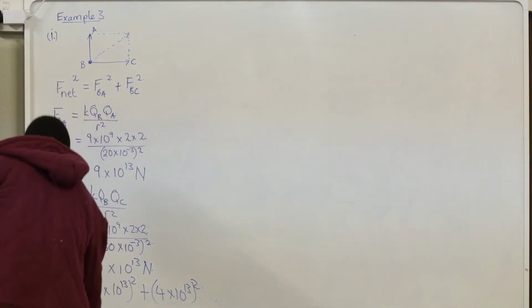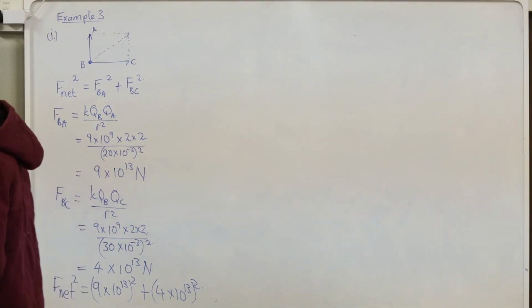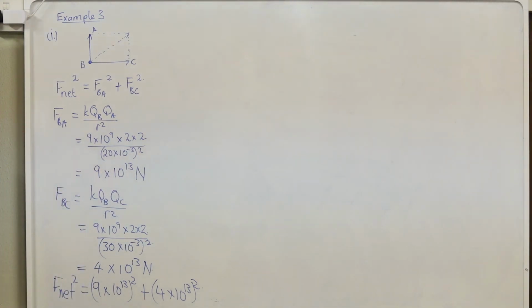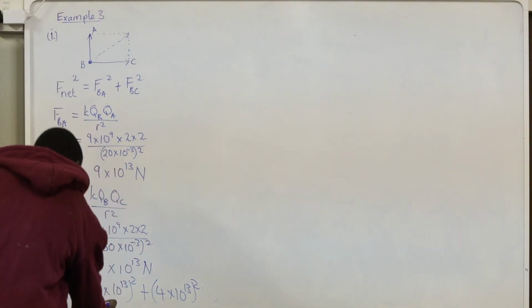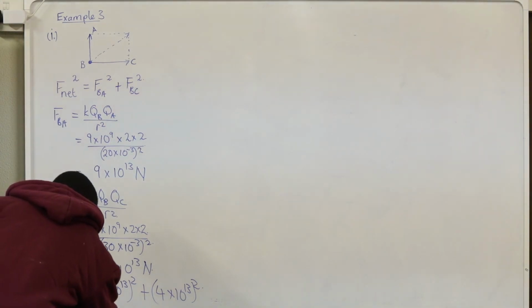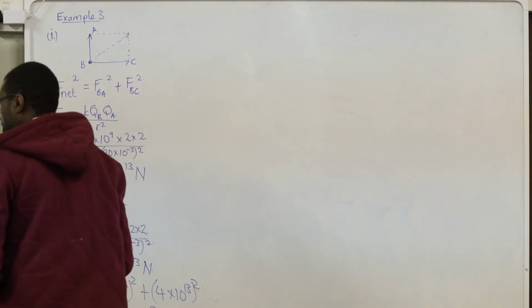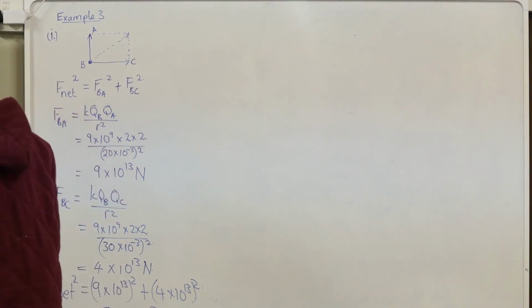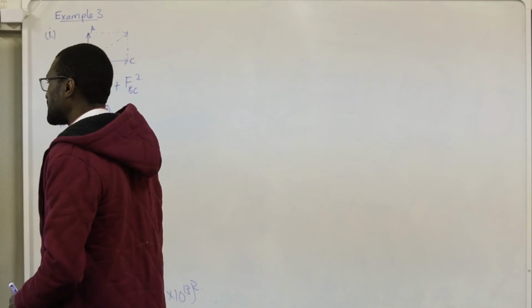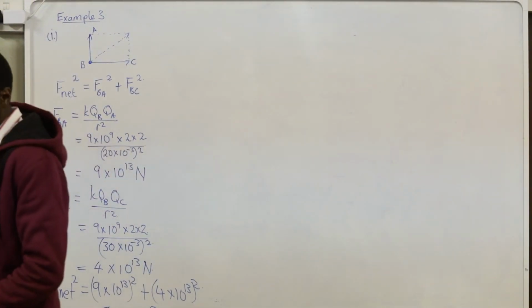And to get F net, you obviously are finding the square roots of both sides. This becomes a simple mathematical calculation where you should get 9,85 times 10 to the power of 13 newtons.